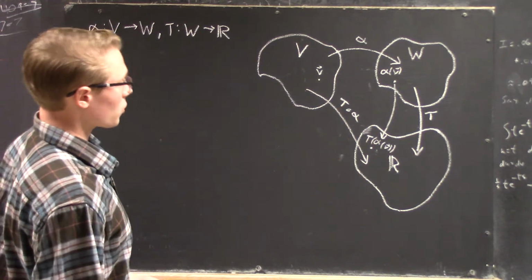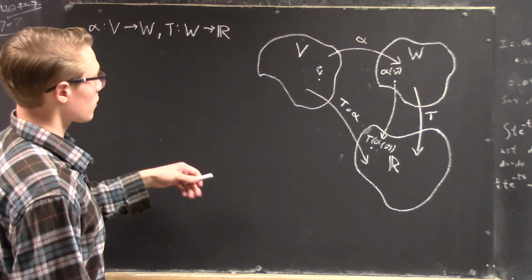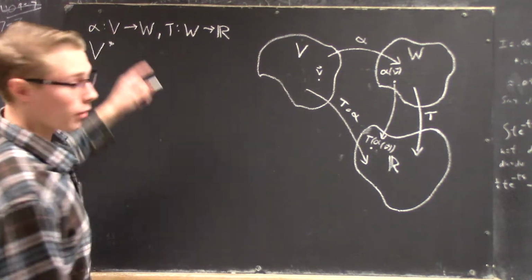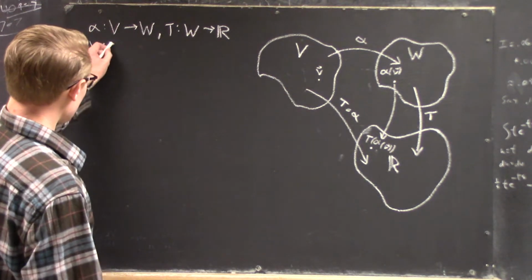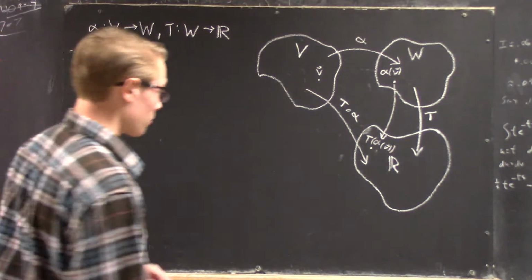But what we can also do is define a new set. We can call that V star for the moment. Of course, not to be confused with the complex conjugate, the conjugate transpose.